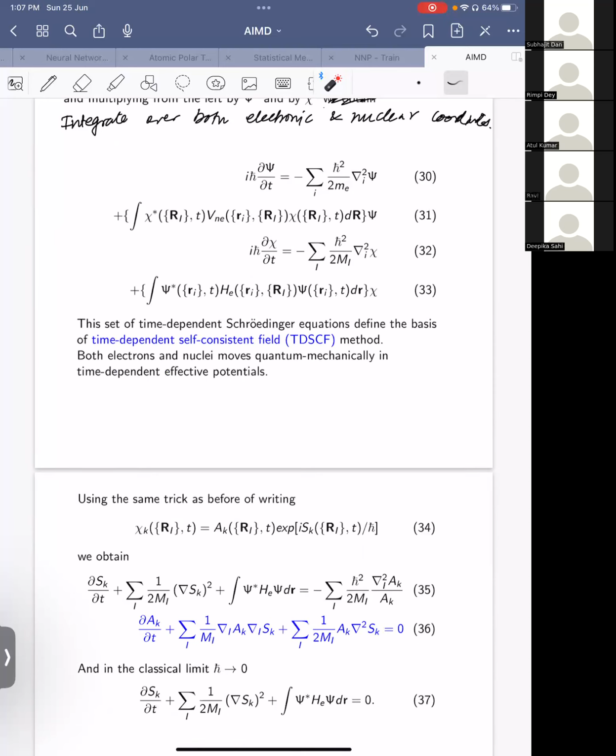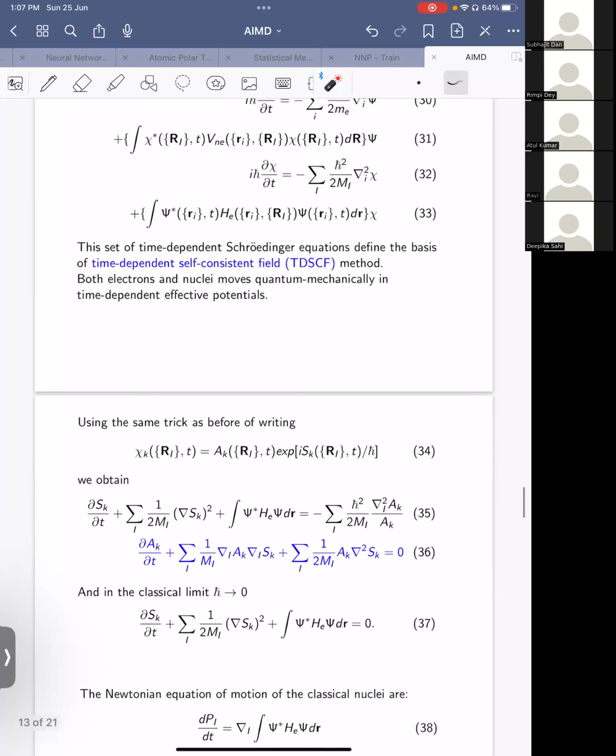In these equations, both electrons and nucleus move quantum mechanically in a time-dependent effective potential. This is the potential, and it is obtained from the average over the other class of degrees of freedom. In the case of the electron, it is over the nuclear coordinates, and in the case of the nucleus, it is over the electrons.